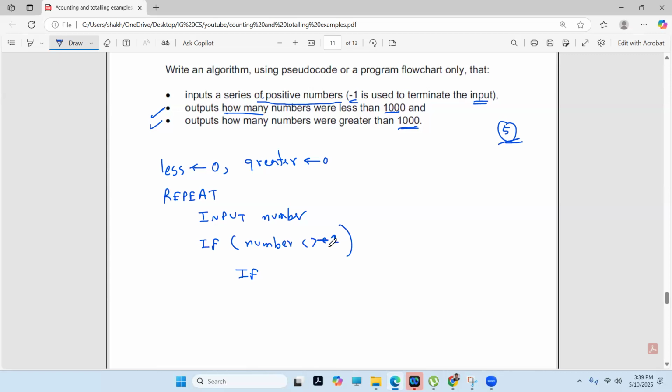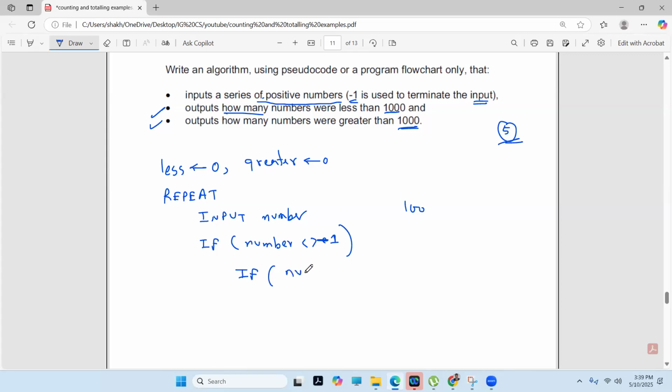If number not equals to -1, for example, you input 100. 100 is not equals to -1. Then now what type of number is this? Is it greater than 1,000 or less than 1,000? So we have to decide, embedding another if.